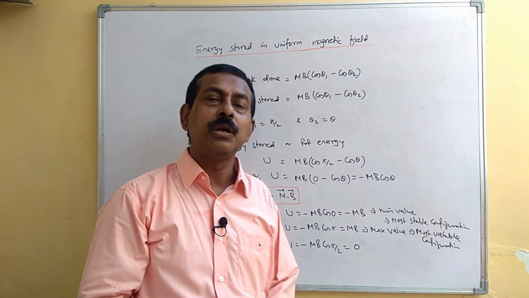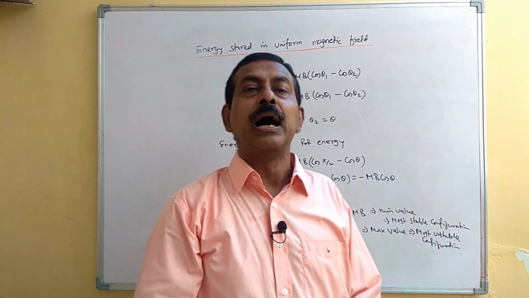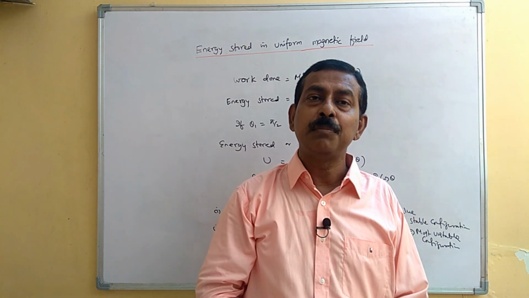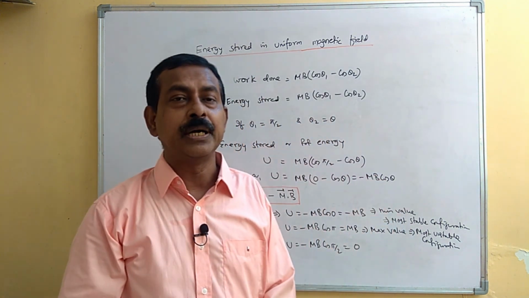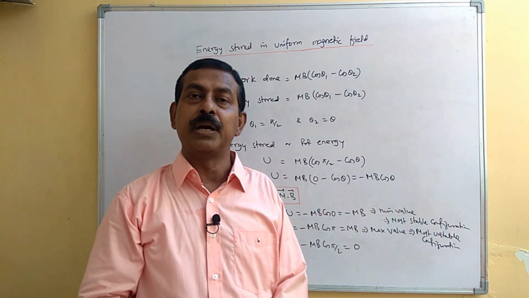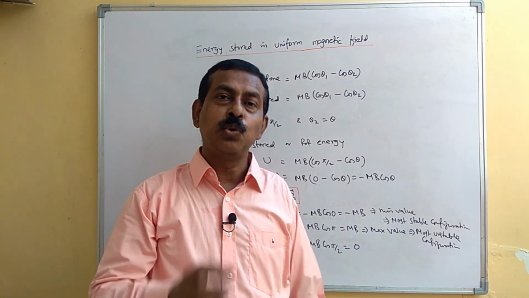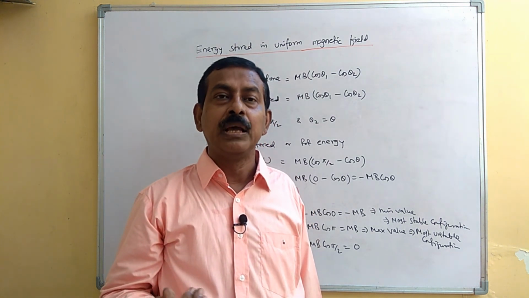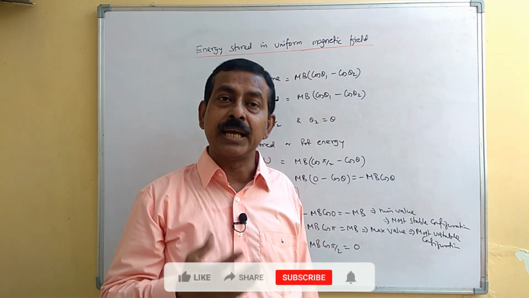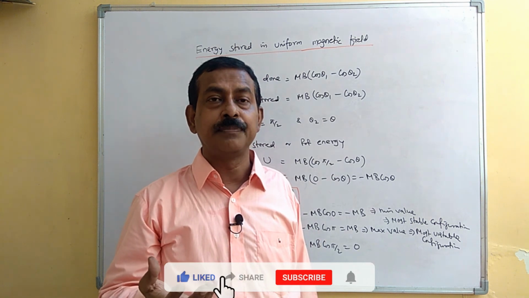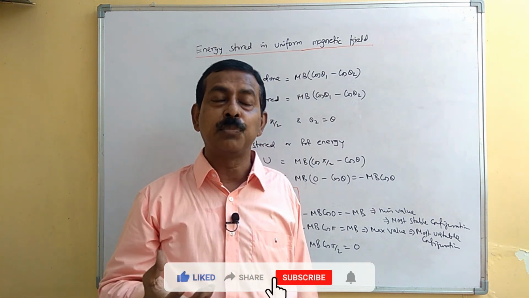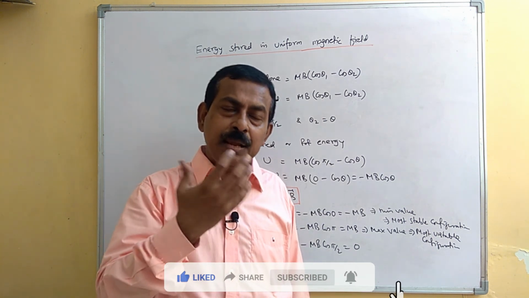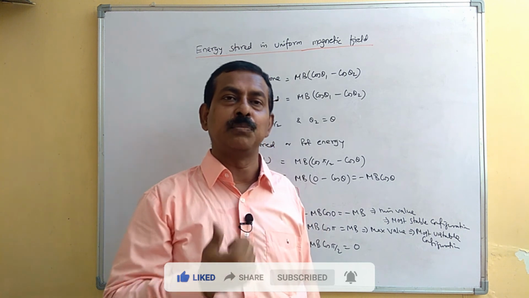So this is all about the magnetic dipole and its different cases. But just remember one thing: if you have done the electric dipole properly, and you know the derivations for the electric field intensity on the axial line and equatorial line, force and torque on the electric dipole in a uniform electric field, work done in rotating the dipole in an electric field, and energy stored, the same type of derivation is there for the magnetic dipole.